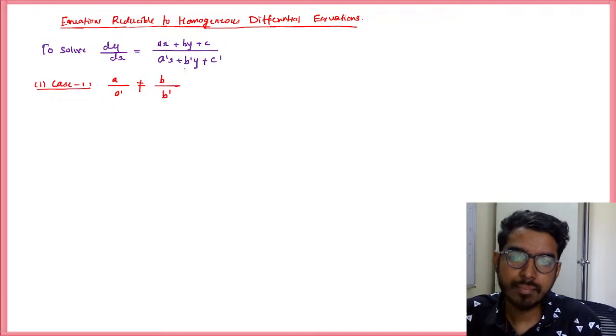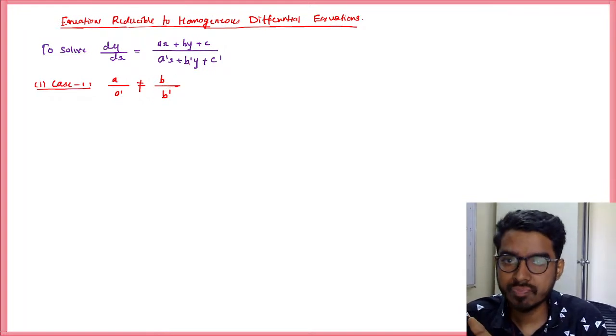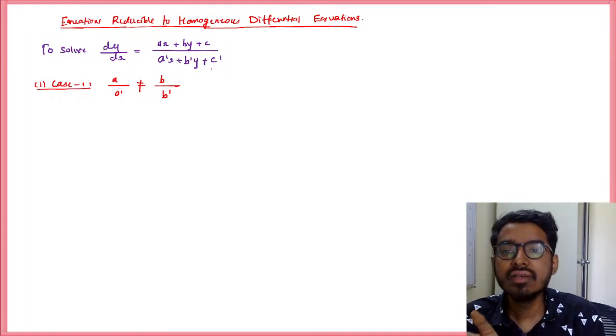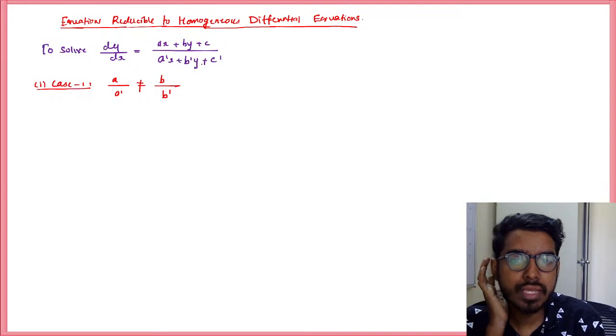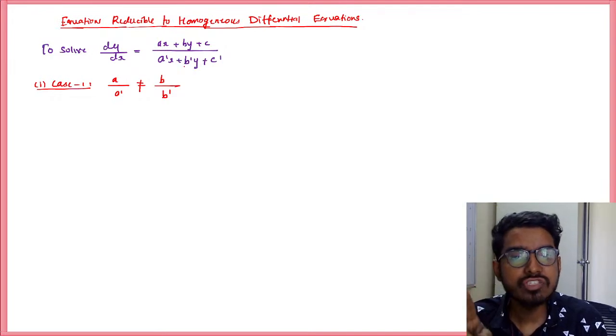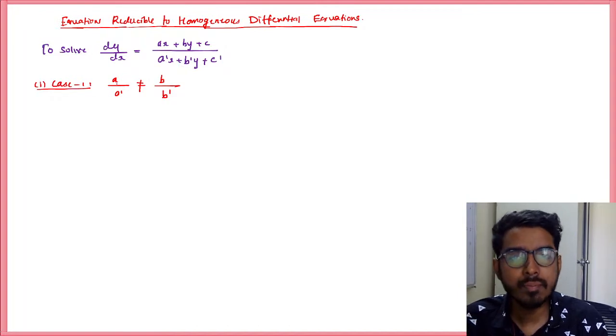Whenever this happens, we need to solve under case 1, right? So in this entire class, we will be solving problems based on case 1 only, where a by a dash is not equal to b by b dash. Case 2 will be a by a dash is equal to b by b dash, right?